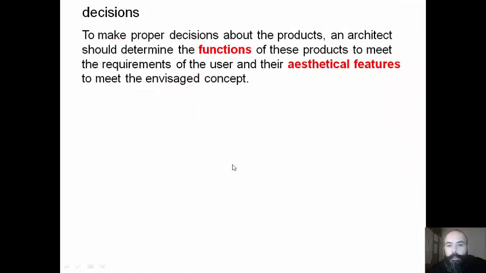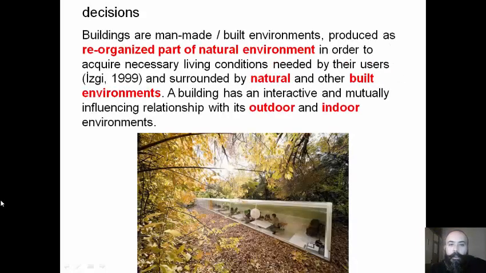To make proper decisions about products, an architect should determine the functions of these products to meet the requirements of the user and their aesthetical features to meet the envisaged concept. So we have two main points. We need to decide about the functions, and we need to decide about the aesthetical features according to the concept.